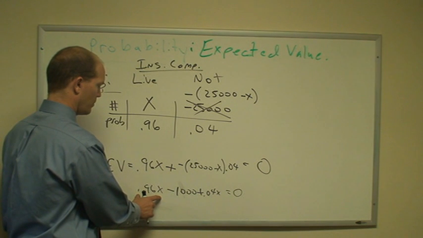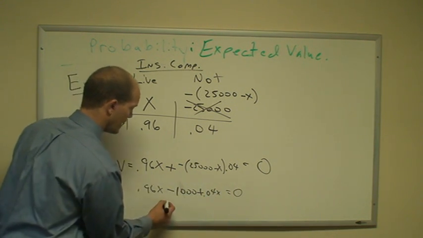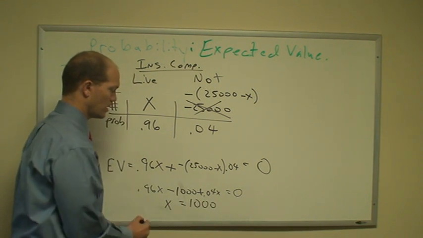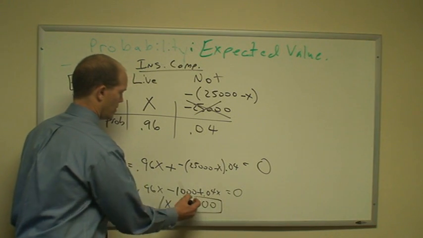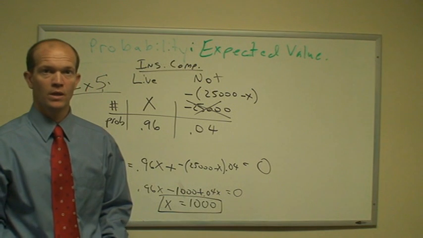Adding up that 0.96x plus 0.04x conveniently works out to be x. Adding the 1,000 to both sides conveniently works out to be 1,000. So the minimum amount the person could expect to pay would be $1,000 here.